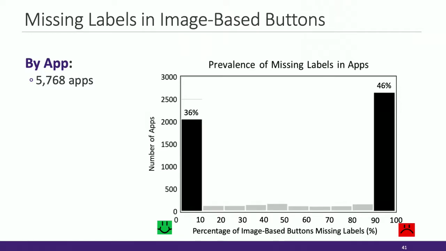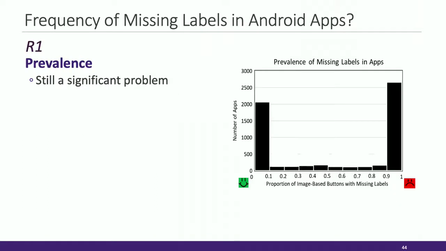And focusing on those extremes, we see that 36% of apps are at the positive extreme, having 0 to 10% of their tested image-based buttons missing labels, but 46%, nearly half of the apps that we tested, had 90 to 100% of their image-based buttons missing labels. So we can really see that this is still a significant problem in Android apps, and one that we should continue to try to address.